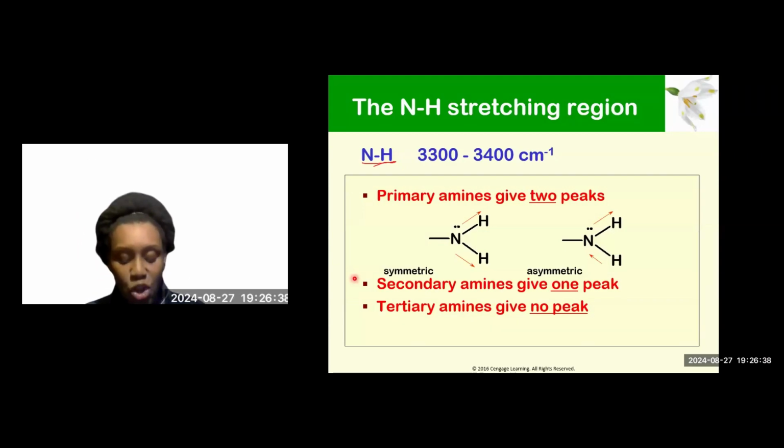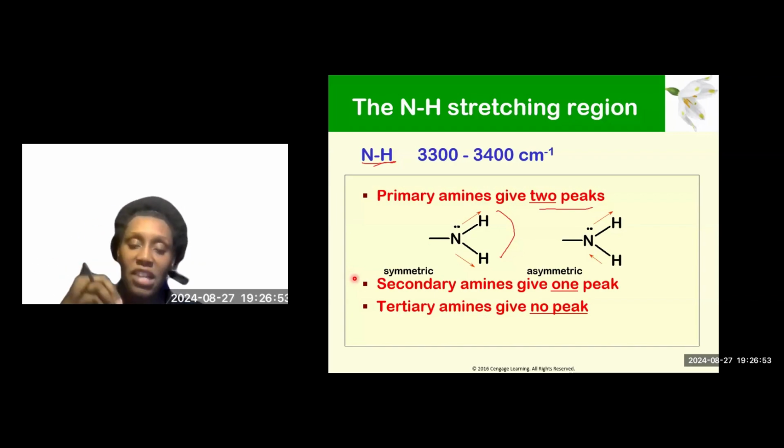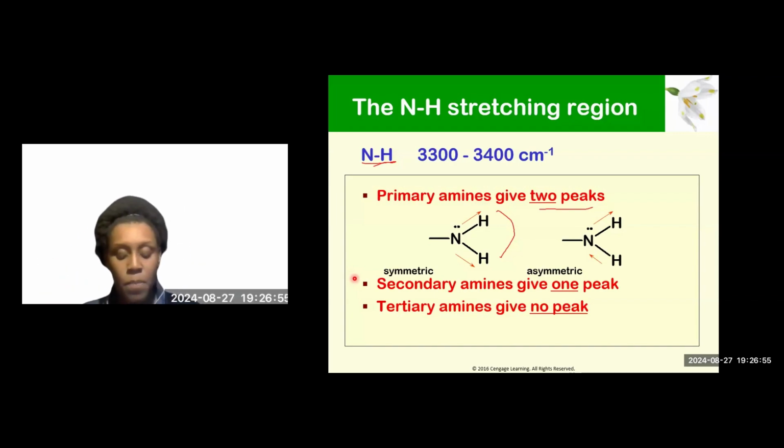Primary amines have two hydrogens, so you're going to have symmetrical stretching as well as asymmetrical stretching, and you'll have two peaks present. When you see these two similar twin peaks in that region, we know that those are amines. Secondary amines only have one peak because they only have one hydrogen.